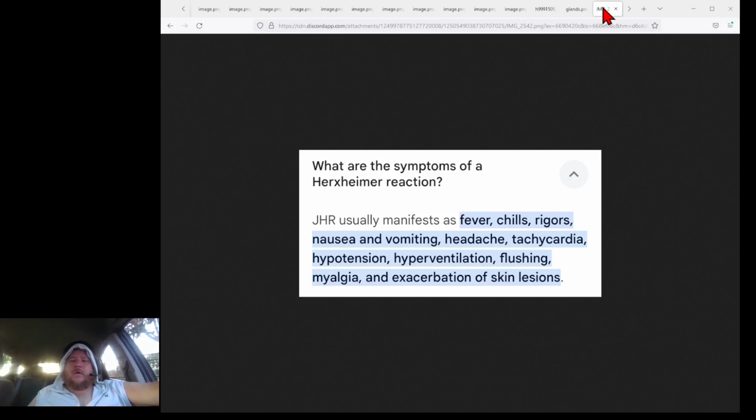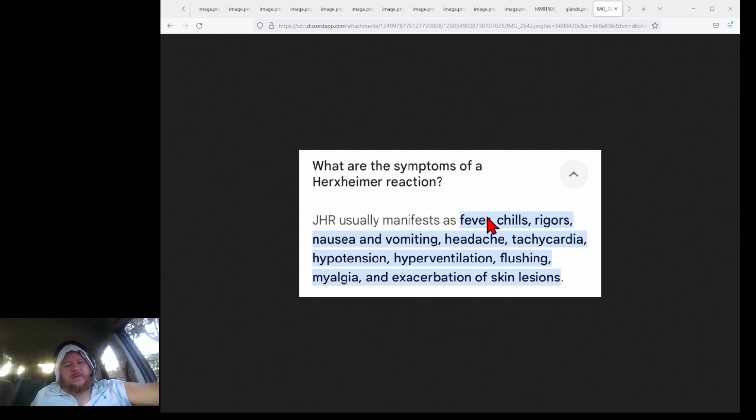Well, what does detox look like? It's related to anxiety for sure. You could have an anxiety reaction when you start to take it, definitely. But otherwise, you need to know what a Herxheimer's reaction is. The JHR is the person's name, but I just call it a Herxheimer's reaction because it's easy to remember.